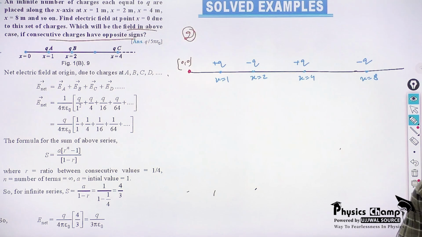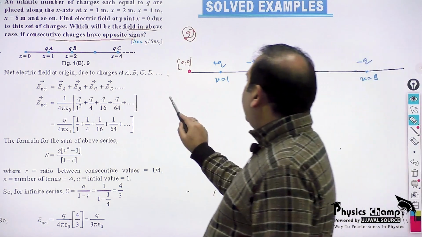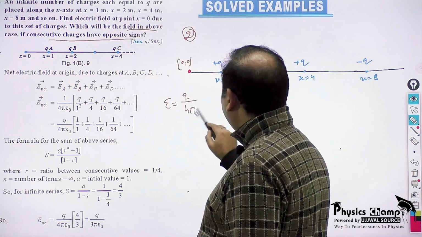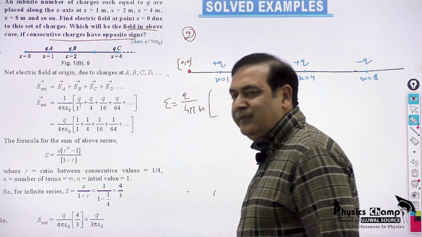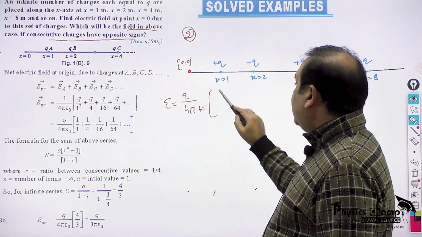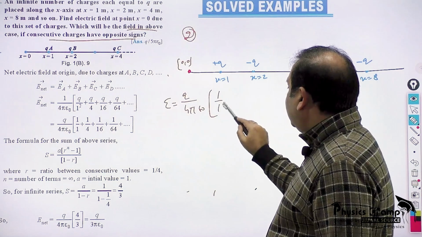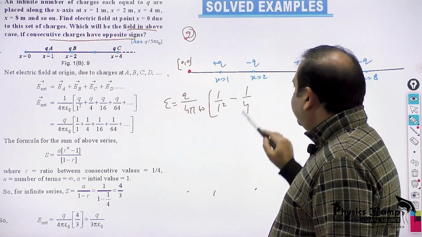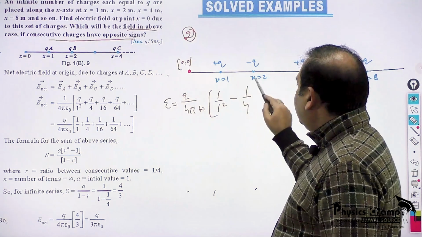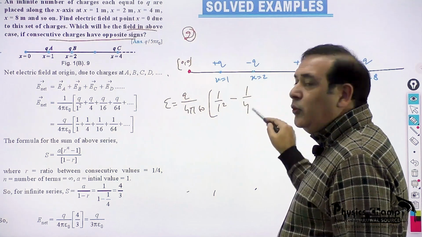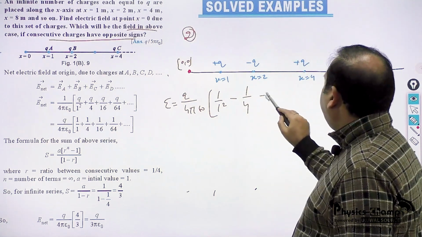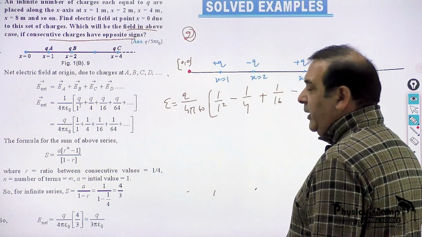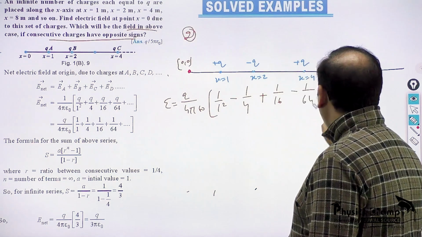Now how to find the net electric field? So the net electric field in this case will be 1 by 4 pi epsilon naught into q by 1 square, minus q by 2 square, so 1 minus 1 by 4, then plus q by 4 square, so 1 by 16, minus q by 8 square, so 1 by 64, plus so on.